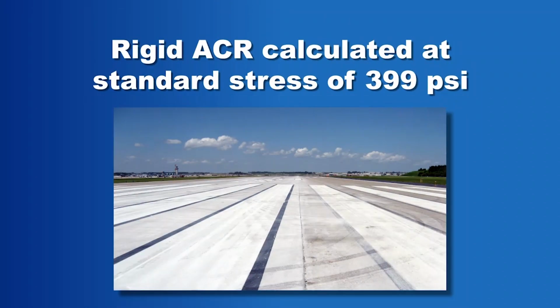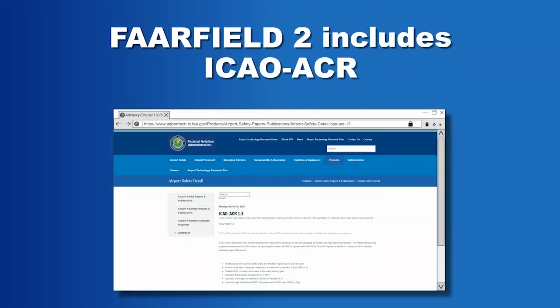The ACR for rigid pavements is calculated at a standard stress of 399 psi. The FAA developed a software application, ICAO ACR, that calculates ACR values using the procedures and conditions specified by ICAO. This application is included within the FAA's FAARFIELD 2 software.